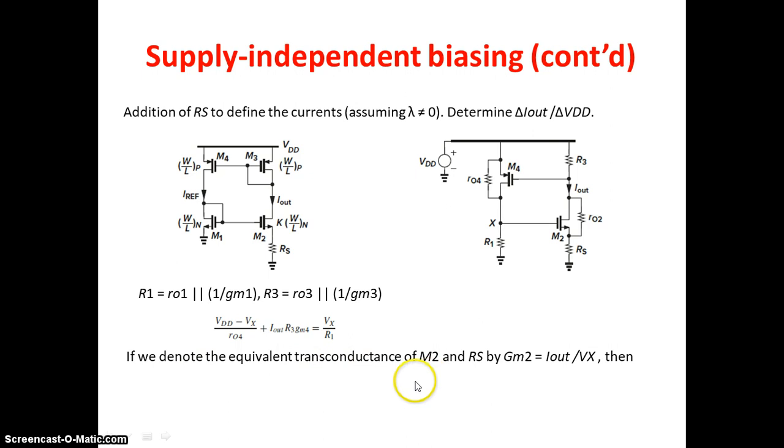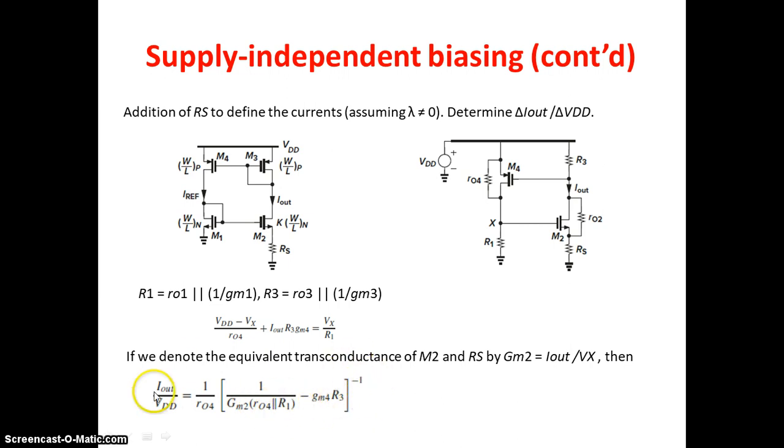Now if we denote the equivalent transconductance of M2 with RS, GM2 can be written as I out divided by Vx voltage. Then if we write a small signal model and calculate, finally I get I out with respect to VDD as 1 by RO4 into the inverse of (1 by GM2, RO4 parallel with R1, minus GM4 into R3).